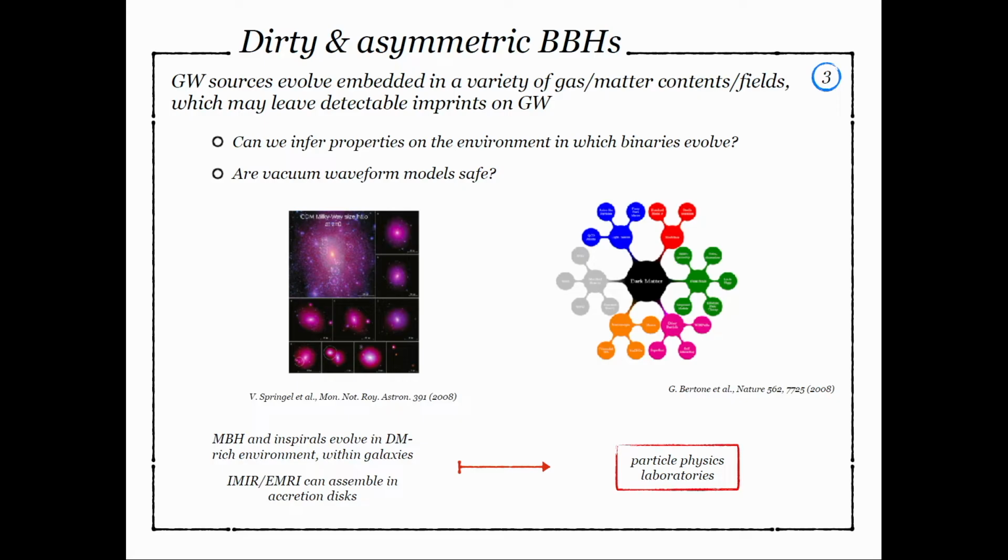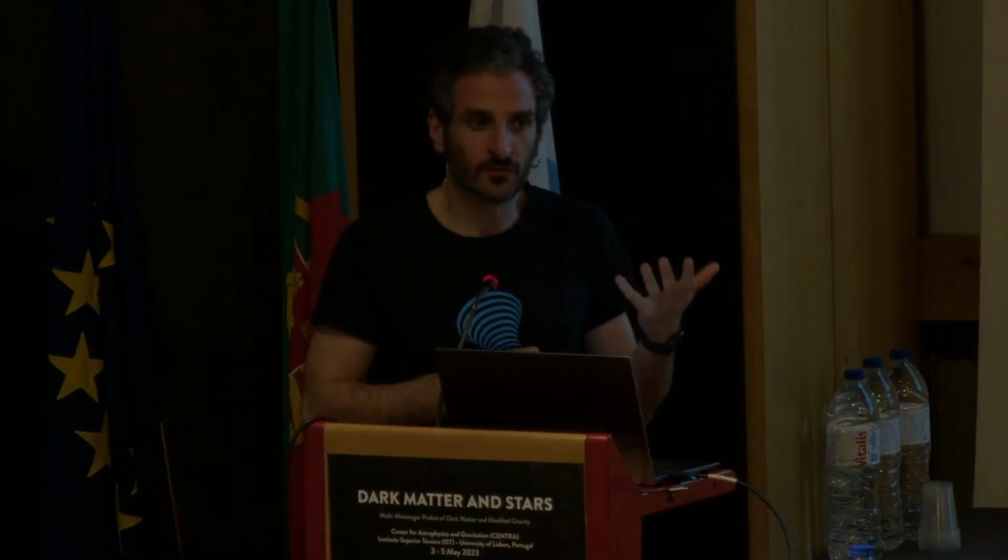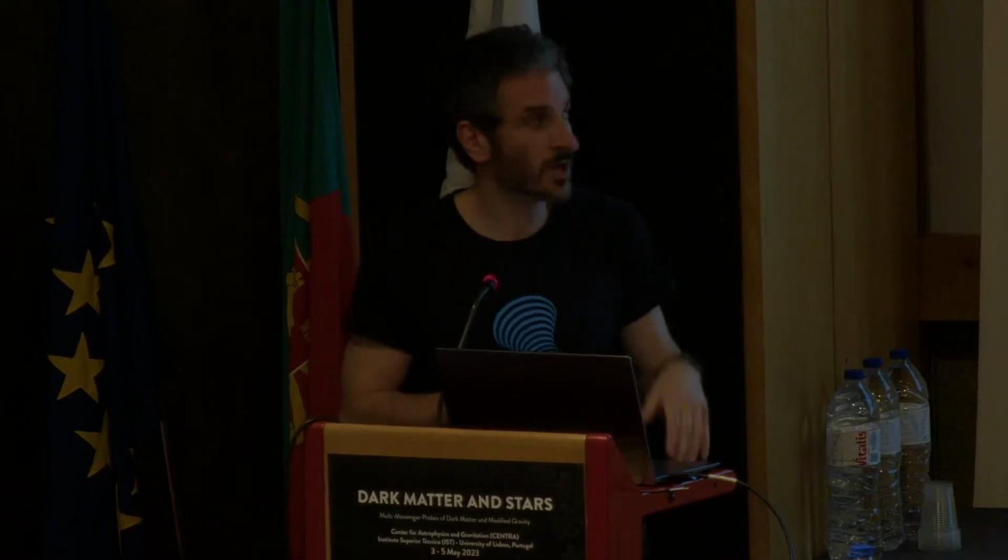But the very basic reason why this is true actually raises two questions that are worth at least thinking about. The first one is whether we can infer the properties of this environment as we detect signals emitted by the system. And the second, whether we are safe with the waveforms that have been produced for the vacuum scenarios that we have so far. So whether systematics, especially for future experiments with loud SNR, will be important or not, okay?